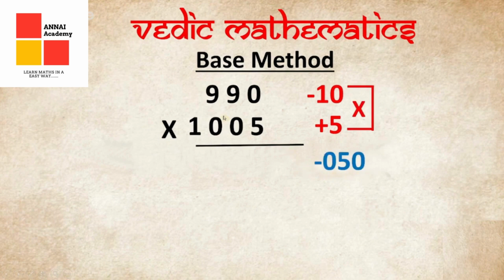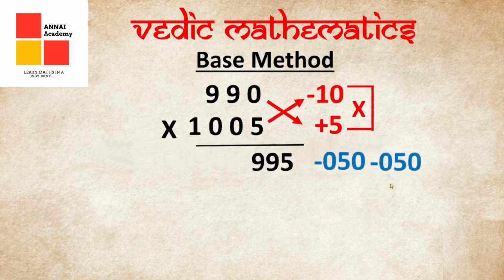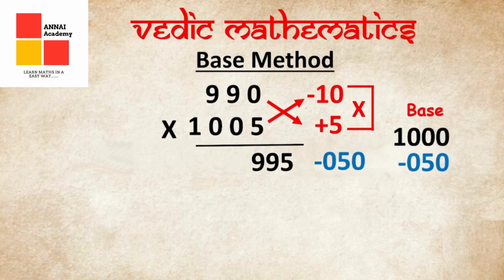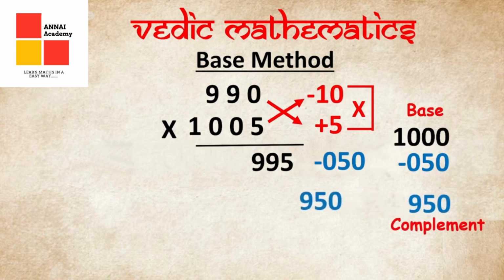Now if you multiply 990 by plus 5, and multiply 1005 by minus 10, you will get 995. When you multiply minus 50, you will get 950. This is the answer of your right-hand side. To get the answer of the left-hand side, you will subtract 1 from 995.